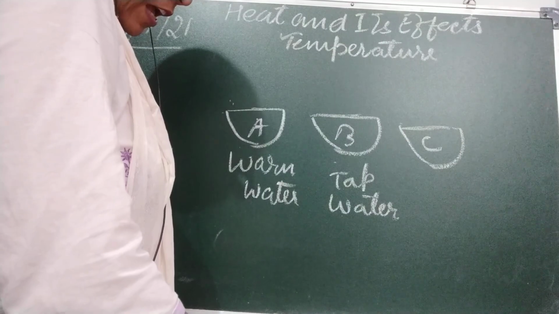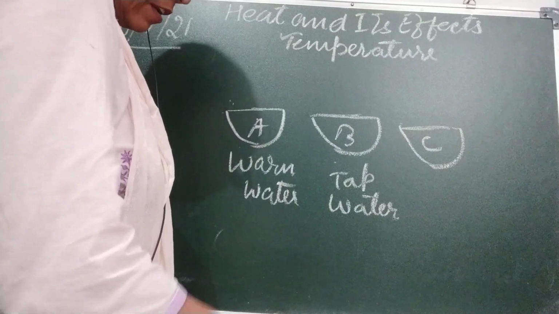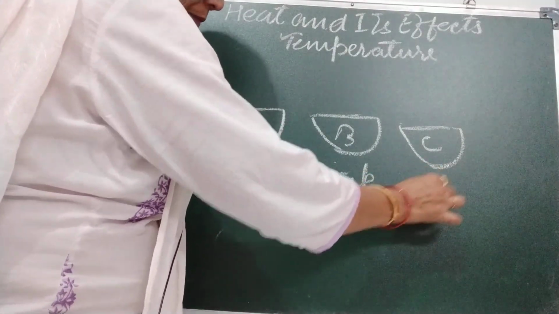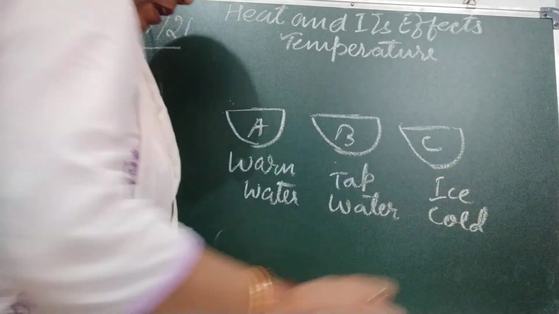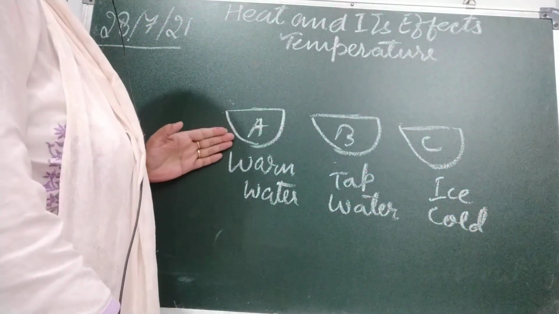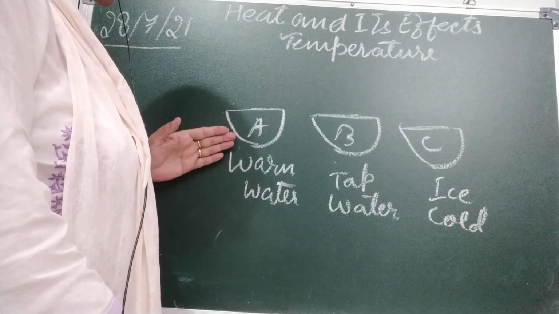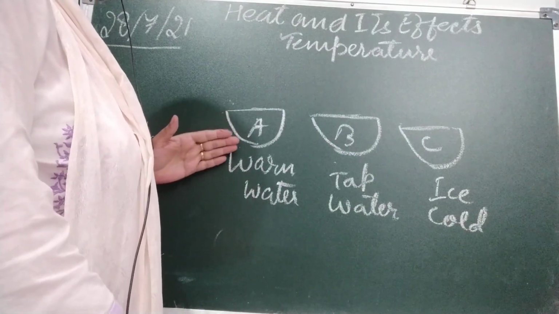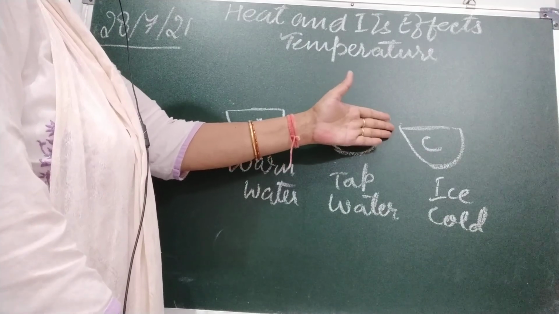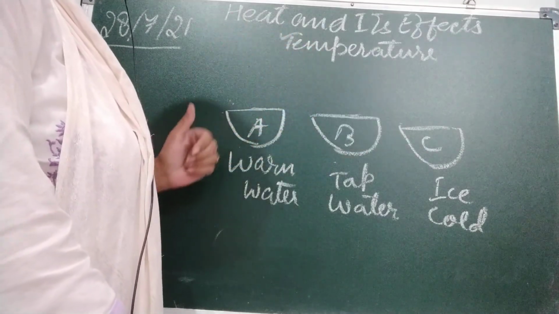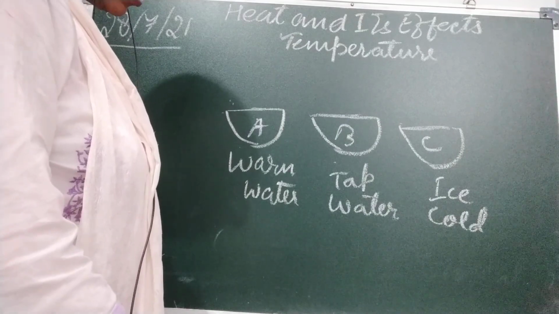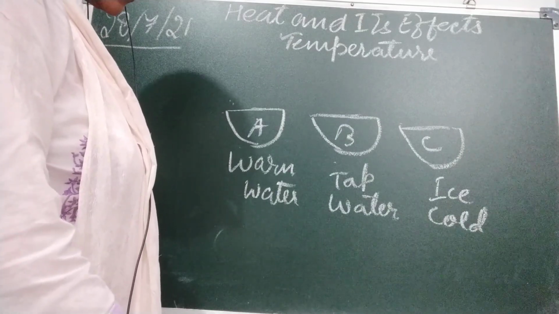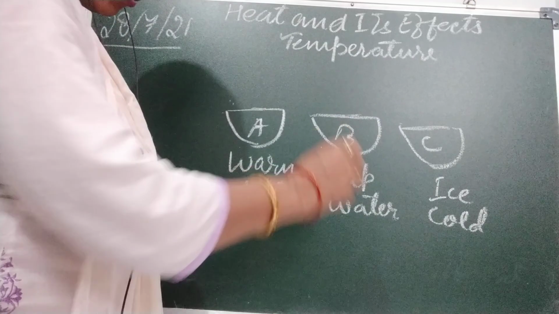And ice cold water in bowl C. Now dip the fingers of our right hand in bowl A and the fingers of our left hand in bowl C for some time. Then we will put both hands simultaneously in bowl B together.